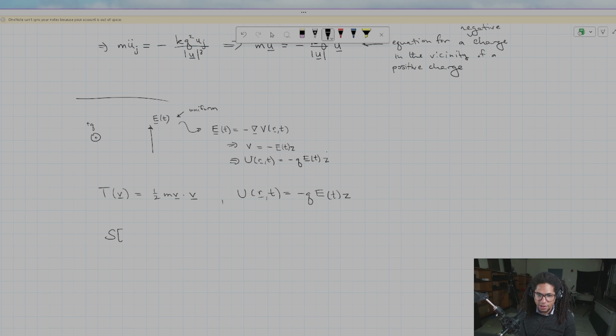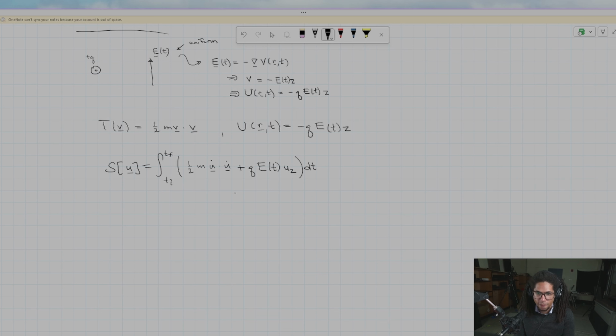So in this case, my S of u, which is equal to the integral from ti to tf of the Lagrangian, is equal to the integral from ti to tf of 1/2 m u dot u dot, plus, because of this minus sign, q E of t times u sub z, dt. Now, u and u dot also depend on t, but I've explicitly placed the dependence in here. Great.